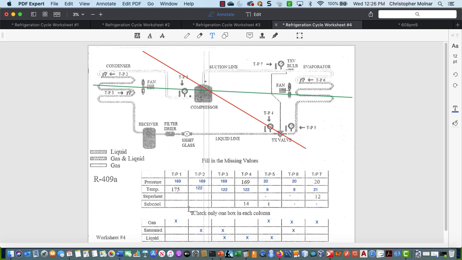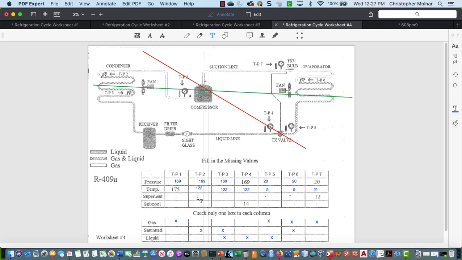Now, over here, I have a temperature of 175. That's that point right there. I know that my condensing temperature is 122. So the difference between my condensing temperature and my measured temperature at point 1 is my superheat.